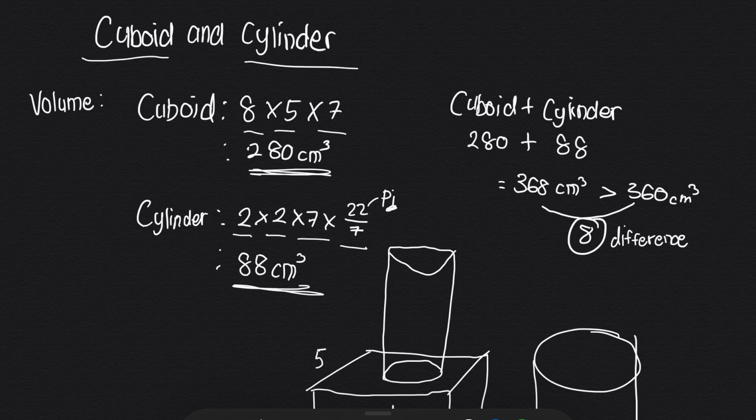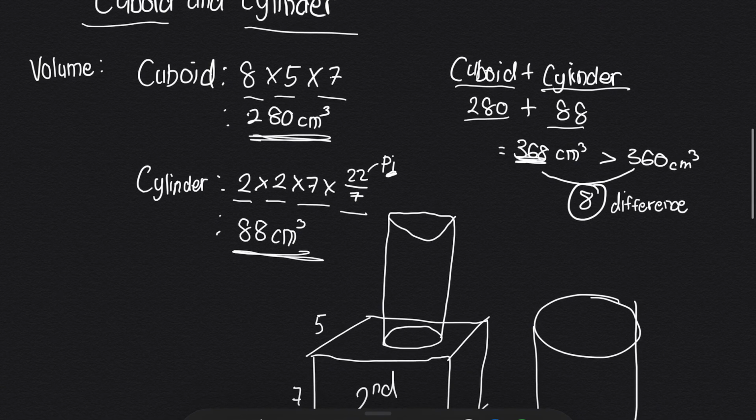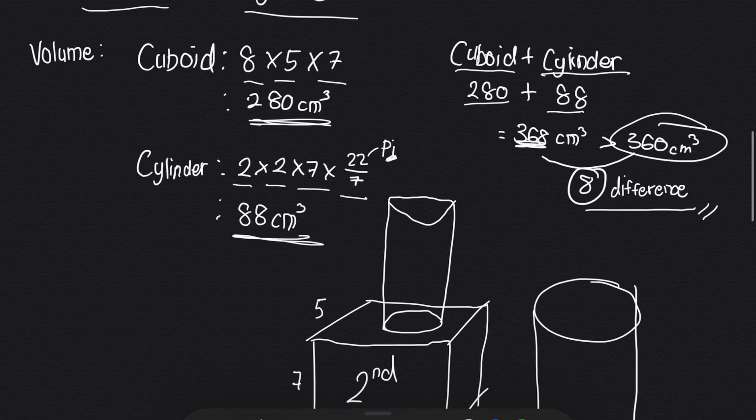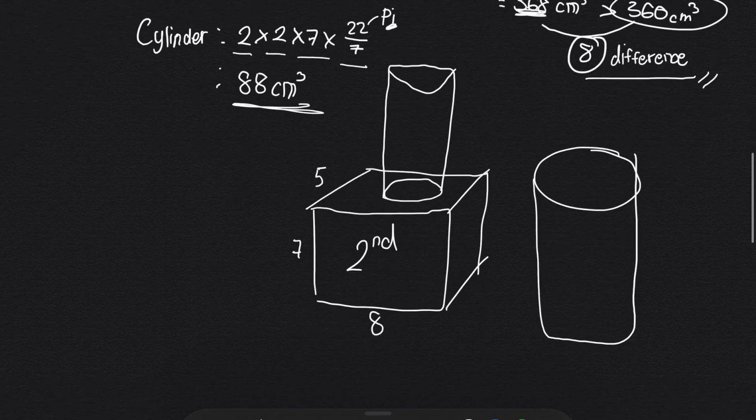So now we add the cuboid with the cylinder, which is 280 plus 88, which gives us 368 centimeters cubed. Yes, it is more than 360, but the difference is 8 and it still fits 12 chocolate bars. So the answer will be this. This is my 3D sketch for my second container. This will be the cylinder, and this will be the cuboid.